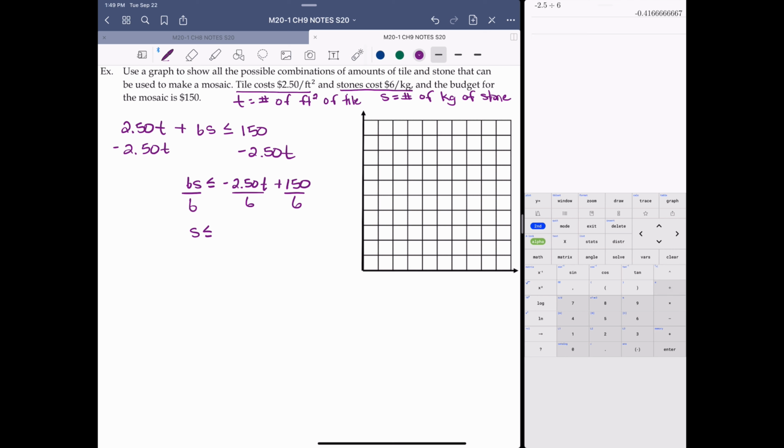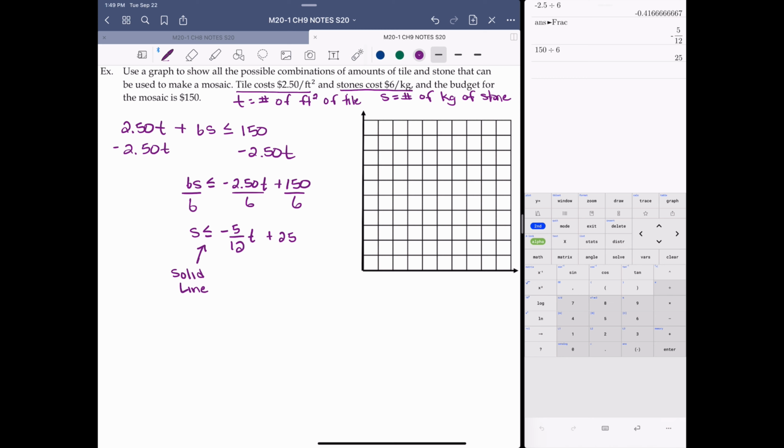Change that to a fraction by doing math, enter, enter. Negative 5 over 12t, 150 divided by 6 is 25. We know that the sign with an equals means we graph with a solid line.